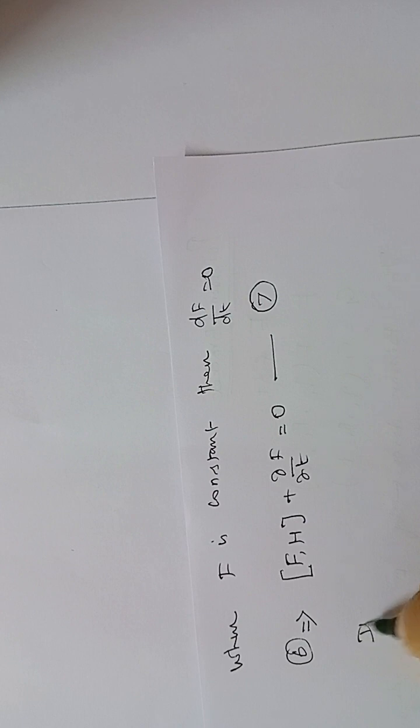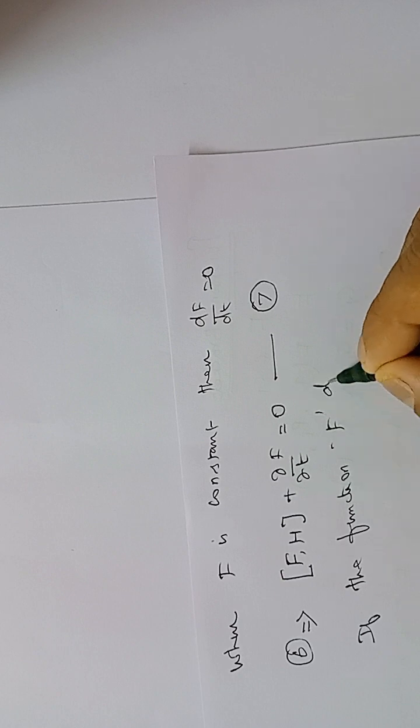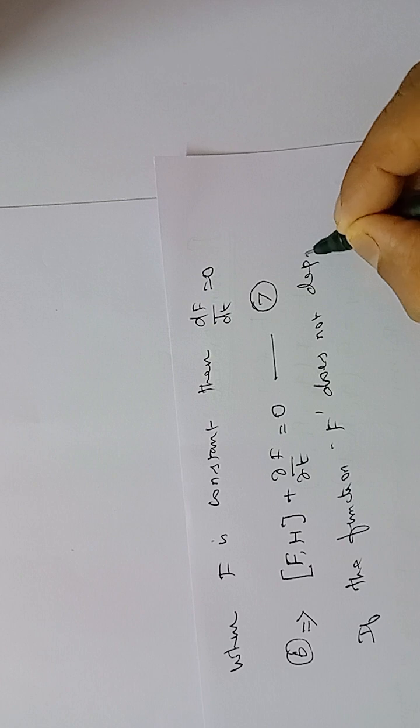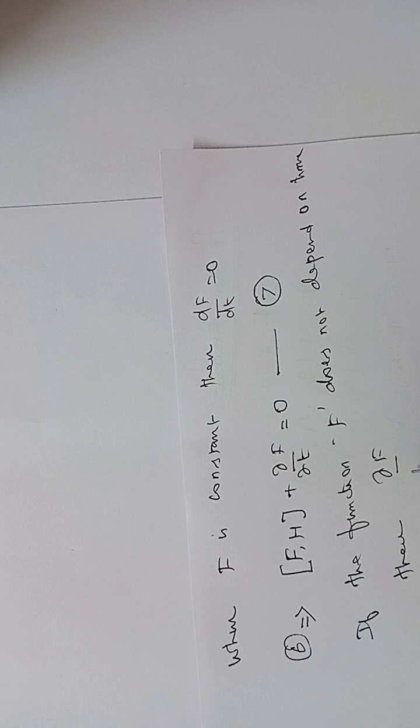If the function f does not depend on time, then dou f by dou t will become 0.